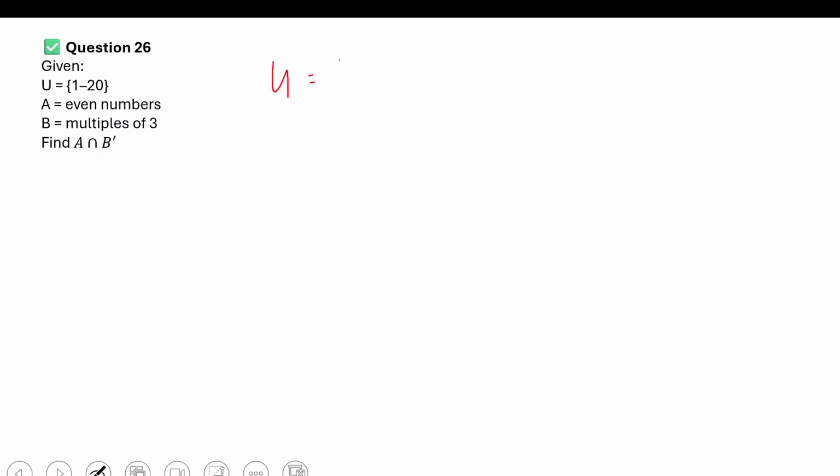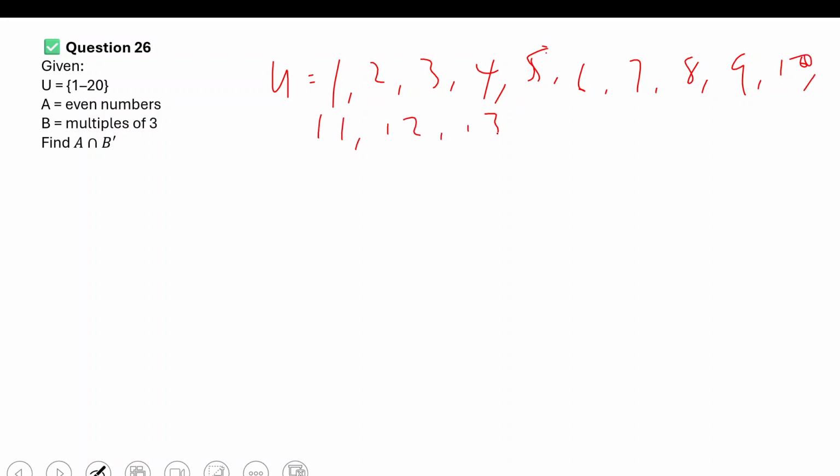U equals 1, 2, 3, 4, 5, 6, 7, 8, 9, 10, 11, 12, 13, 14, 15, 16, 17, 18, 19, and 20.